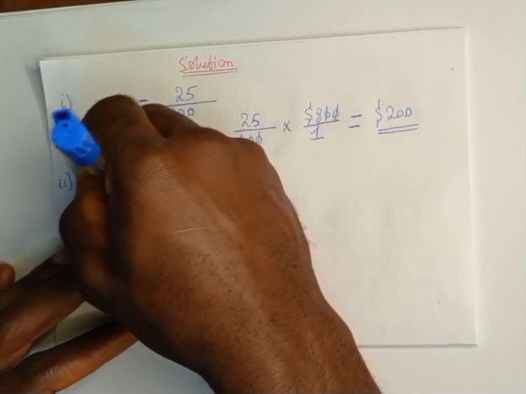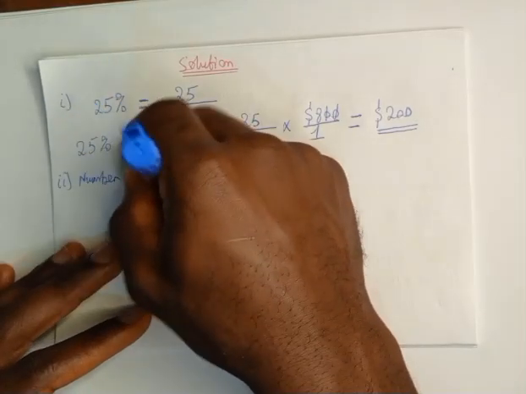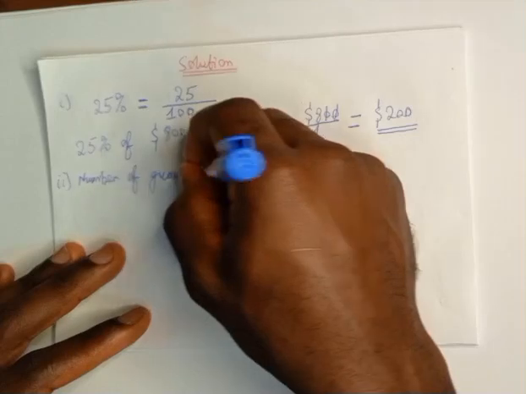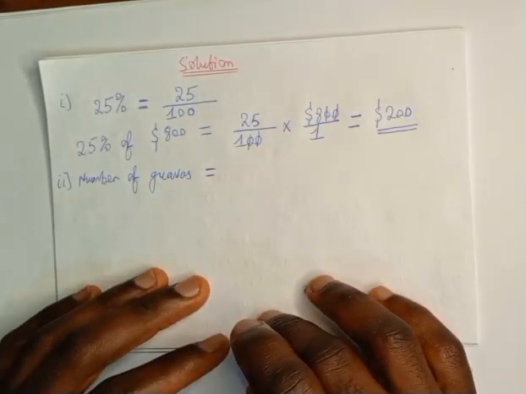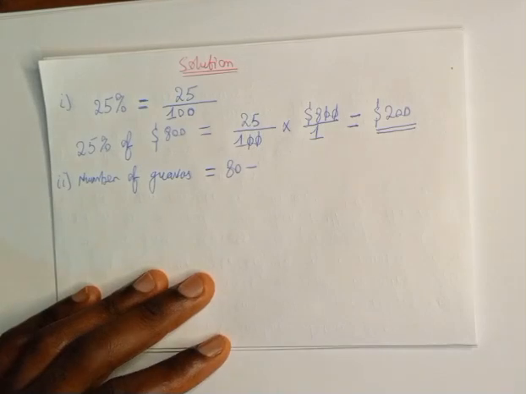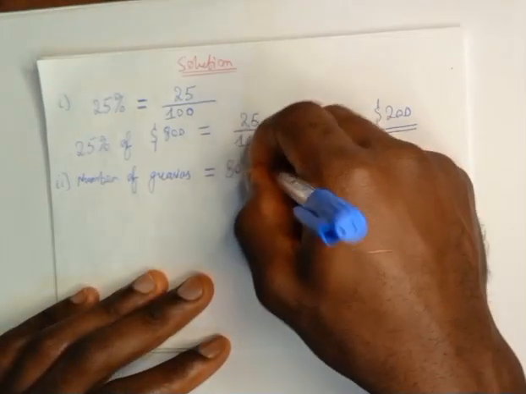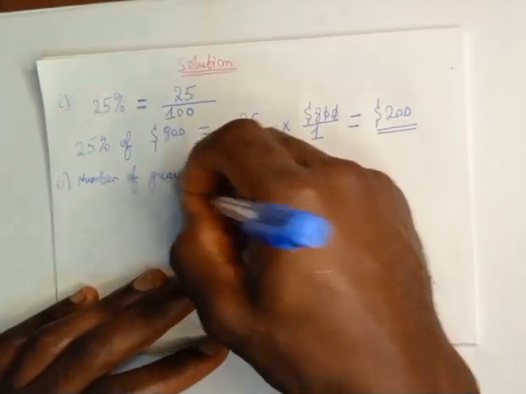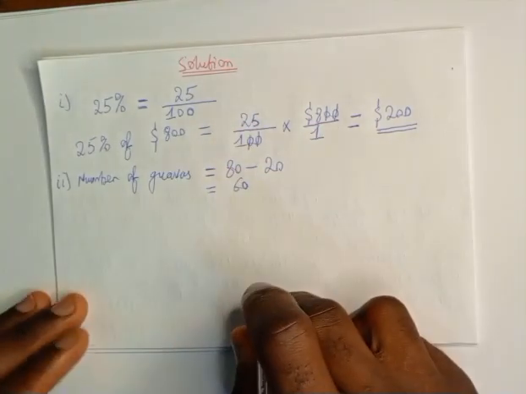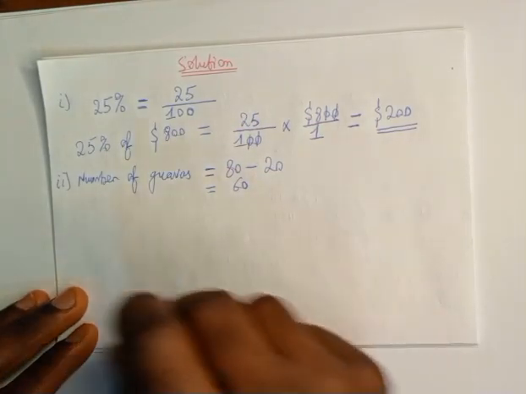Number of guavas would simply be equal to the total number of fruits, 80 fruits, minus the number of oranges, 20. This will be equal to 60. That means in the basket there are 60 guavas.